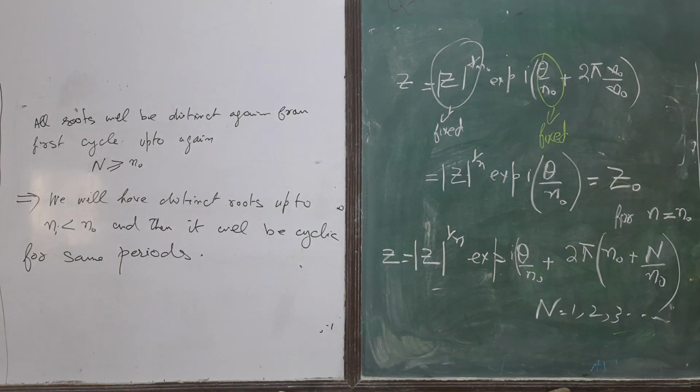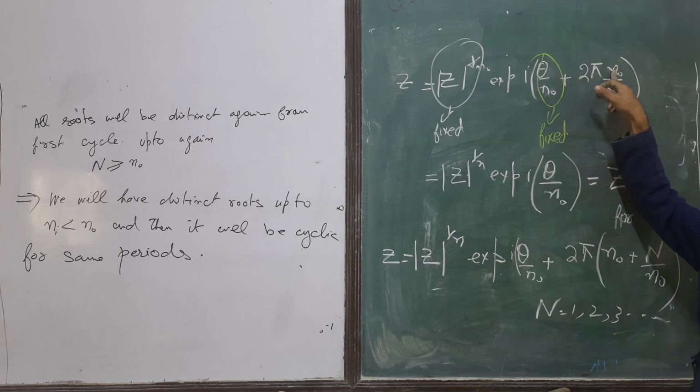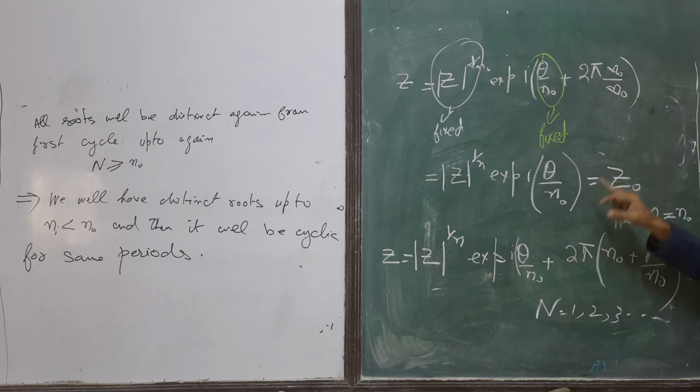Now I will explain that the theta n value is increasing. If it is less than n naught, no value will be repeated. When it becomes equal to n naught, then we will get z naught again, and the same is true for all the other values. They will be distinct, but will be repeated as in the case of the set one.